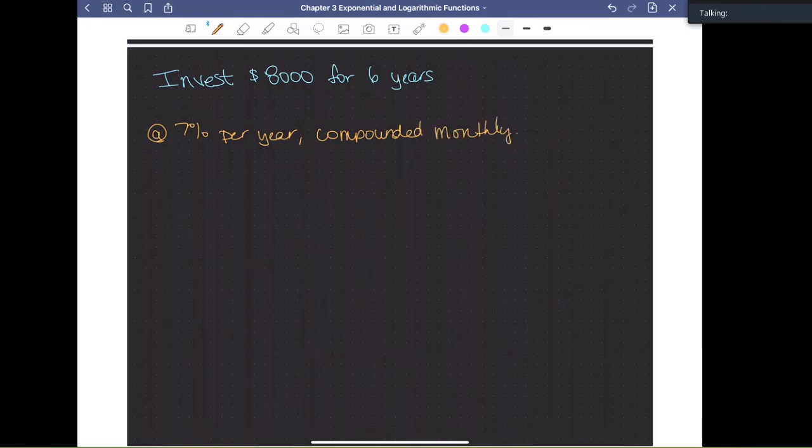So the first question you're going to ask yourself is, is this compounded or is this continuous? We read that word, and it says compounded, so we know we have to use our compound interest formula. That was where f of x equals P times 1 plus r over n, all raised to the n times t.